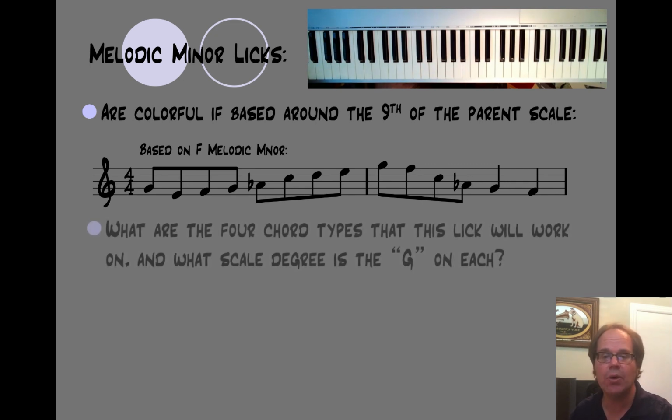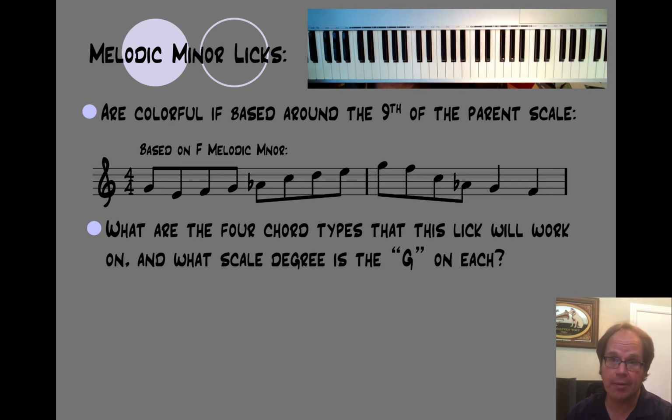So what are the 4 chord types that this lick will work on? If this is from F melodic minor, the 4 chord types would be, first, F minor when it's a 1 chord. What would be the 4 chord in F melodic minor? That would be B flat 13 with a sharp 11, or B flat Lydian dominant. Well, here, let's play those.